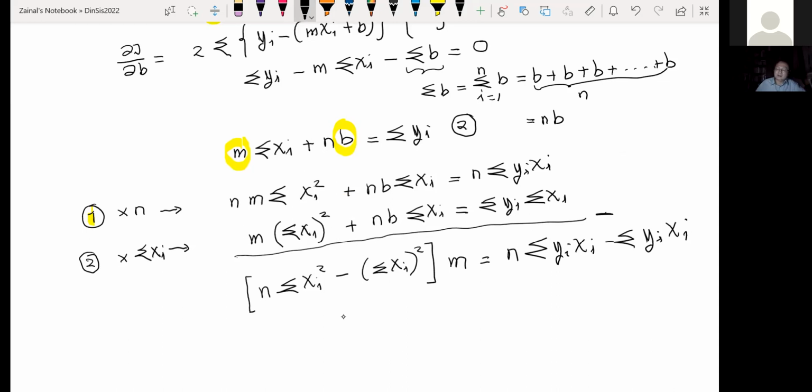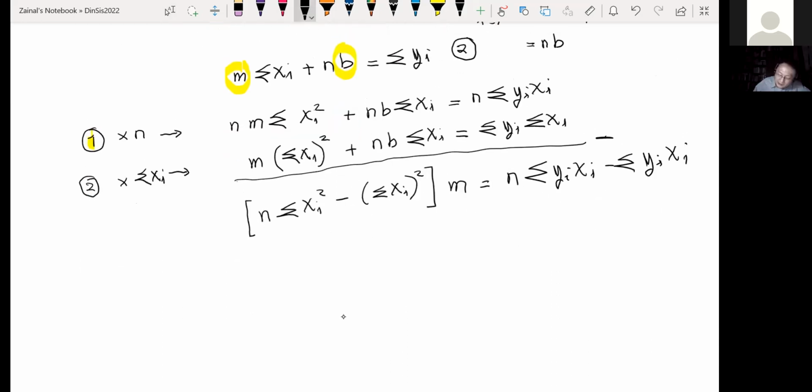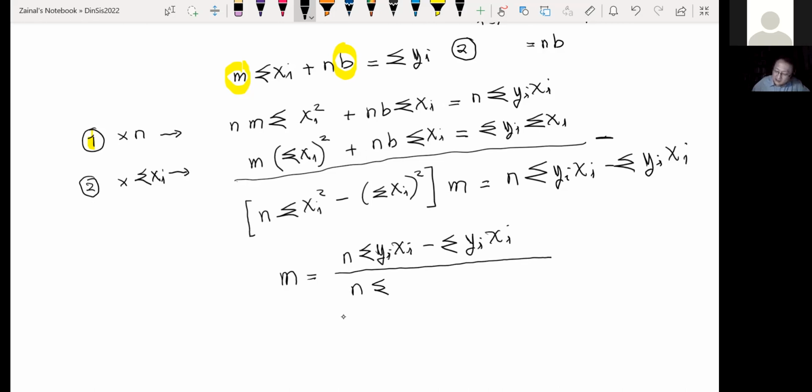Therefore, we can derive that m is the same as n sigma yi xi minus sigma yi sigma xi, divided by n sigma xi squared minus sigma xi squared.